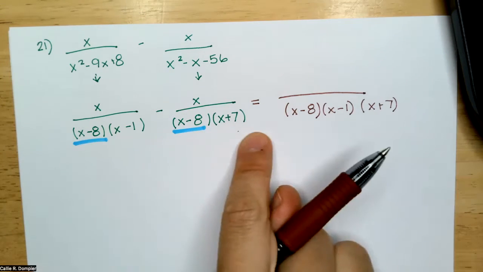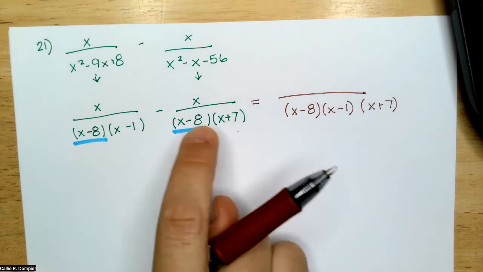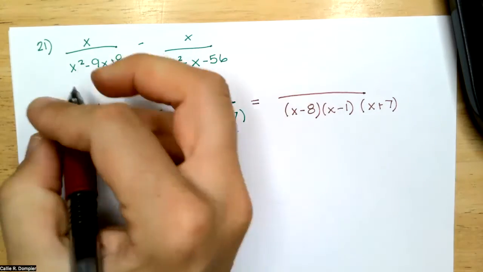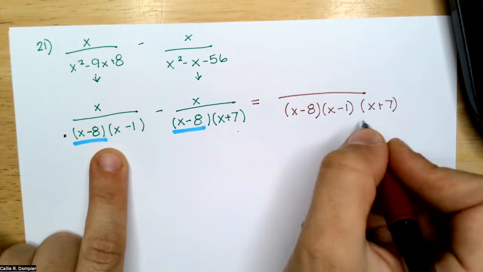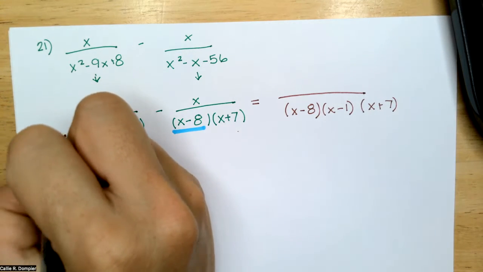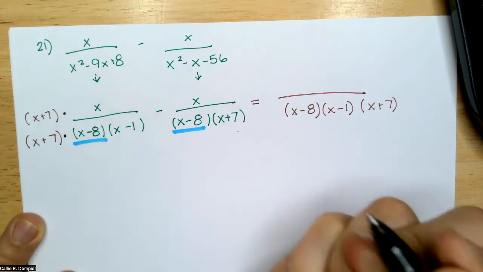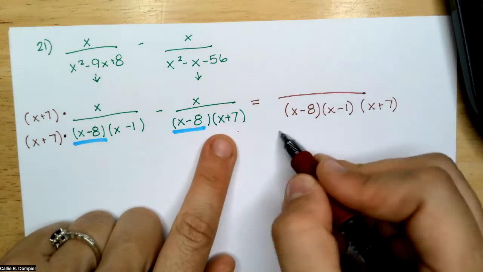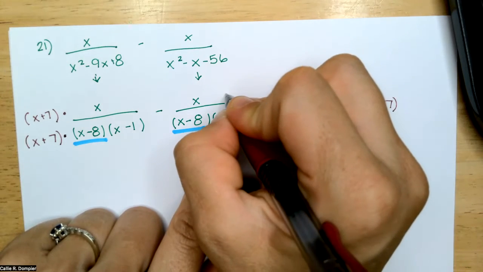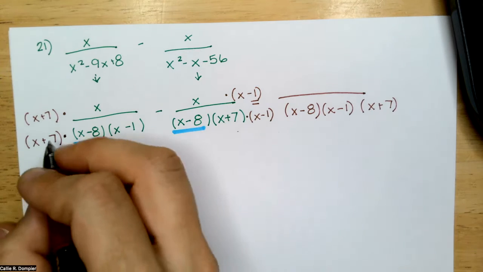Okay, so for that reason, we don't need to multiply this side by x minus 8, and we don't need to multiply this side by x minus 8. To get to this, all I need to multiply this by is the x plus 7. If I do that to the bottom, I'm going to do it to the top. Good. Here, the only thing I need to multiply it by is x minus 1. If I do it to the bottom, I need to do it to the top. Good. Okay.